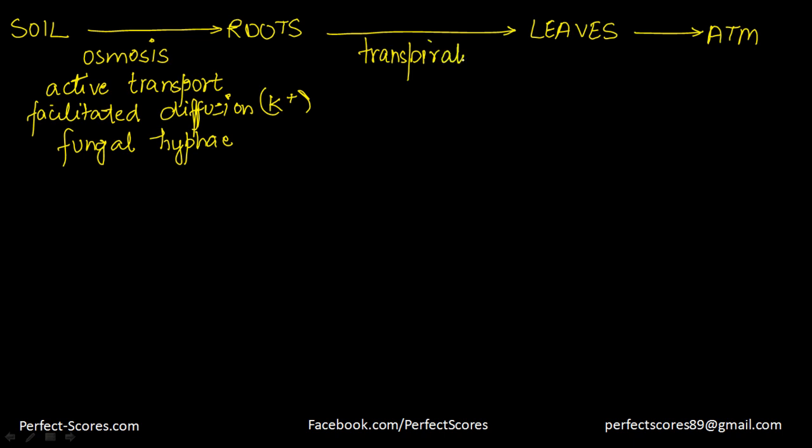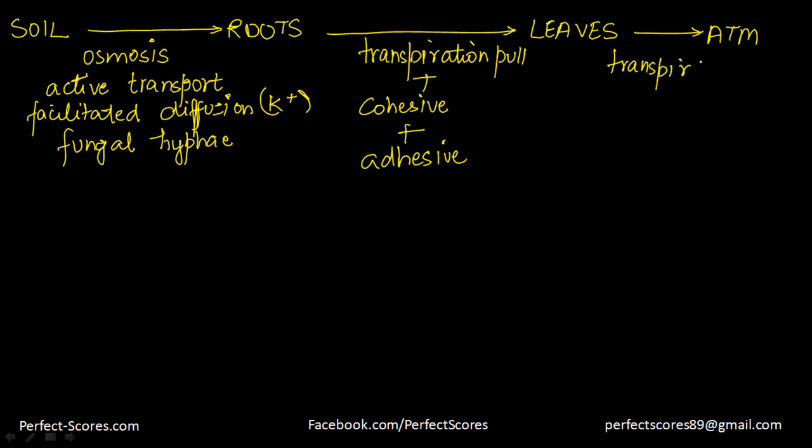So let me write it down: transpiration pull, and two more important forces. One is cohesive force, which is between water and water, and the other is adhesive force, which is between water and the cells. And finally, the water leaves through the process of transpiration. So this is the process if we like to summarize it.